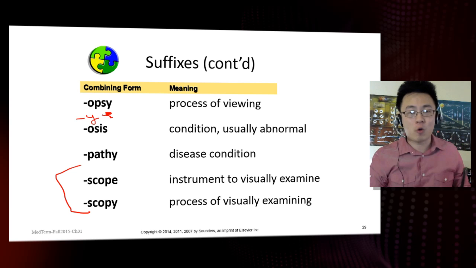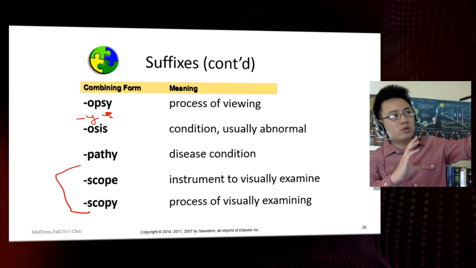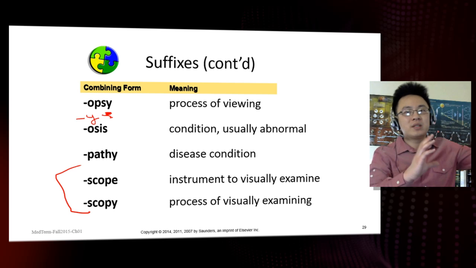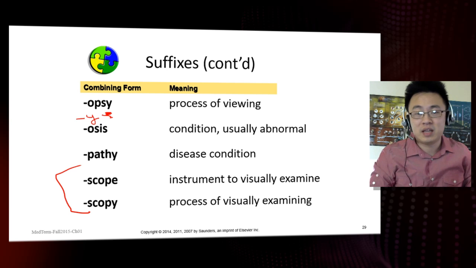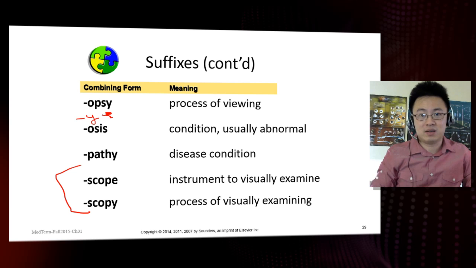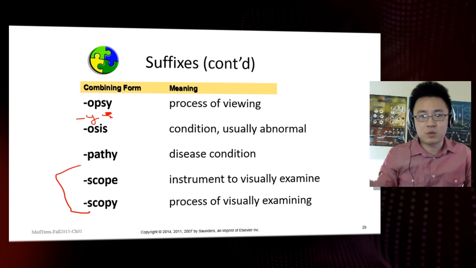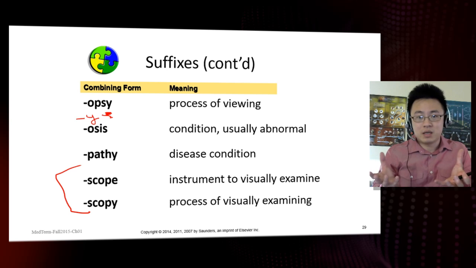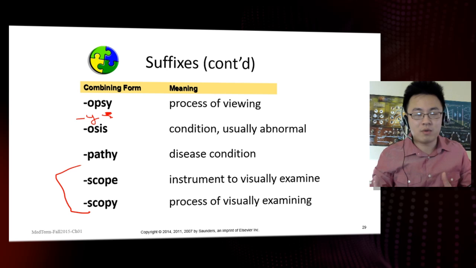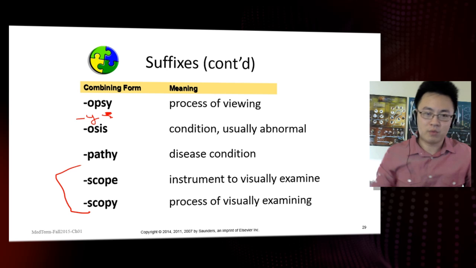A telescope is an instrument used to view objects at a far distance. Tele means distant, like telephone, distant sound. But obviously, what is a telephone? Oh, it's a distant sound. No, a telephone is that machine that you communicate with, but anyway, moving on.